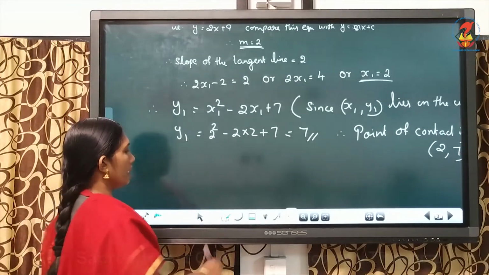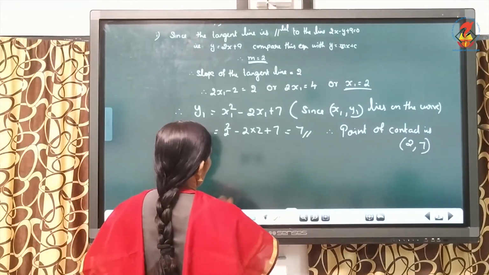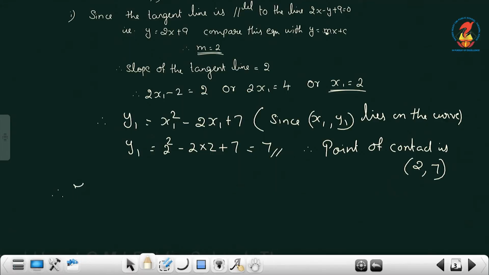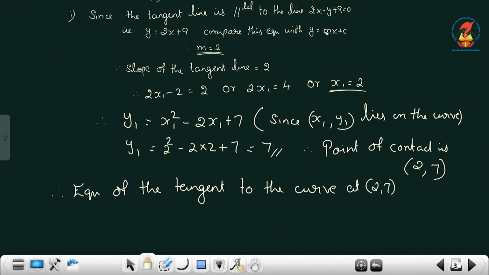Now we can write the equation. Equation of the tangent to the curve at the point 2 comma 7 is y minus 7 is equal to slope.